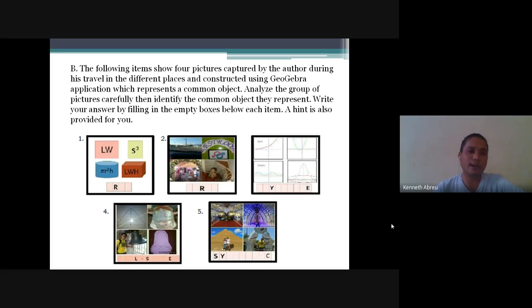Okay, so picture number one. We have blank R blank blank, so we have four letters, and our clue there would be the second letter which is R. The second one, we have a five letter word, and our clue is the third letter which is R. Next, our third one would be nine letters, and our clue there would be the picture we used in the graph of our rational functions, exponential functions, logarithmic functions.